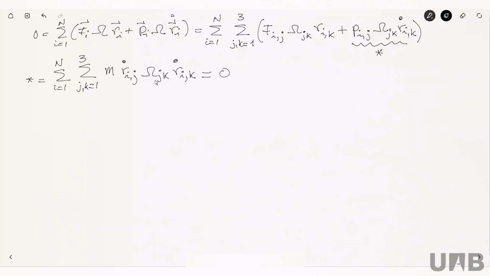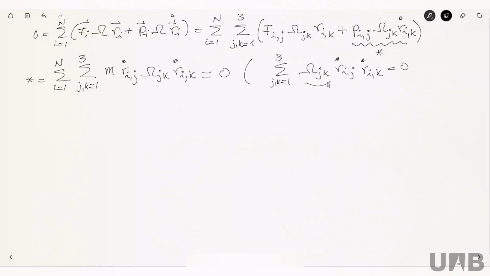And this is a general result. Remember that I think we derived this at some point: the contraction of an anti-symmetric matrix with a symmetric matrix. Because we can also write this thing as the sum over j and k from 1 up to 3 of omega jk, and now I'm writing components, r dot i j, r dot i k.